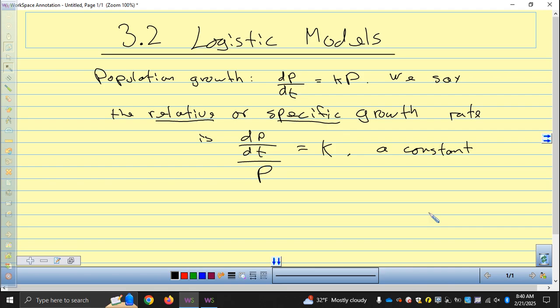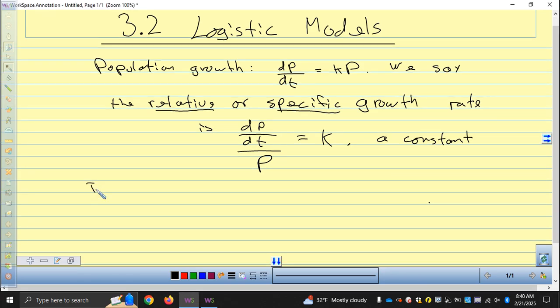If we make an assumption that our growth rate is dependent on the current population, and the population can vary in time, I'm going to say if this growth rate is not constant, the population does vary in time.